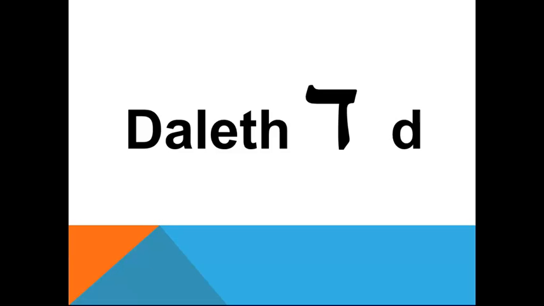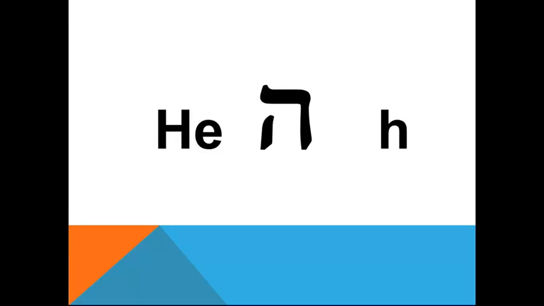Aleph, Beit, Gimel, Dalet, Hey. Hey is the H, and it's pronounced H, like in English. You write it by starting at the top, going over and down, picking up your pen, going back, and drawing the other little bit there. You'll notice it's kind of like a Dalet with a line under the top part.